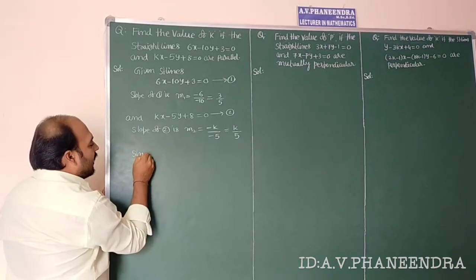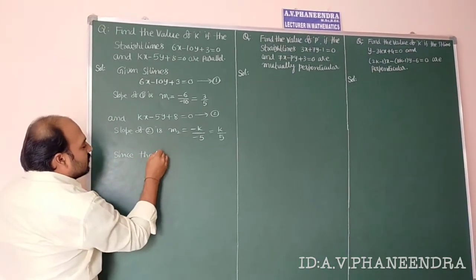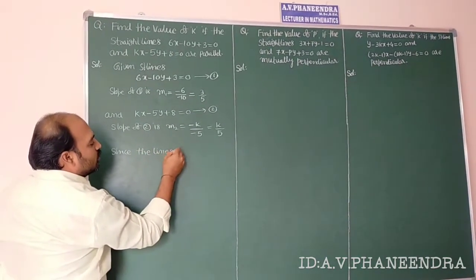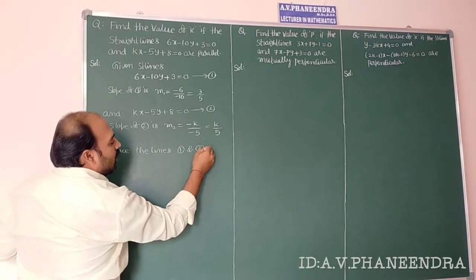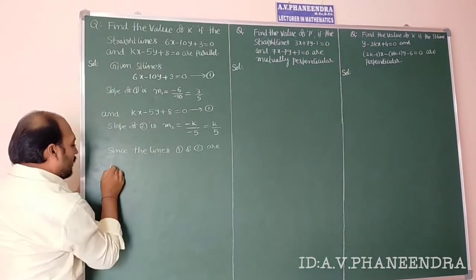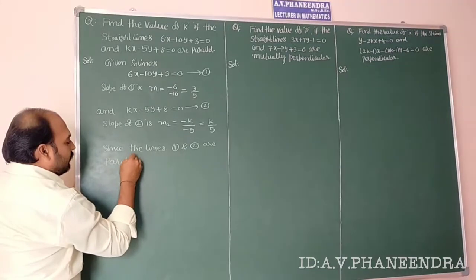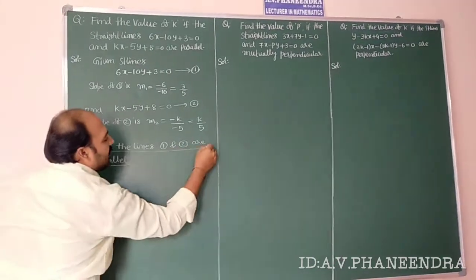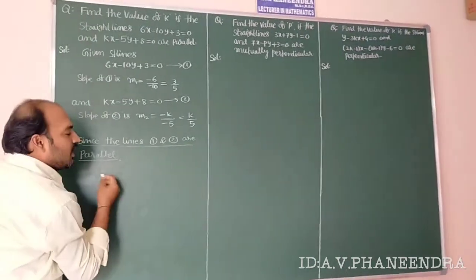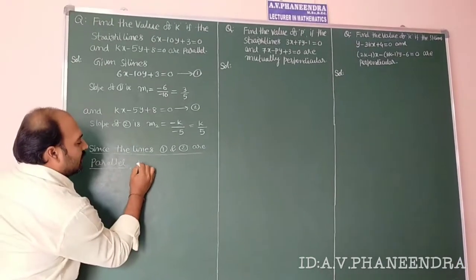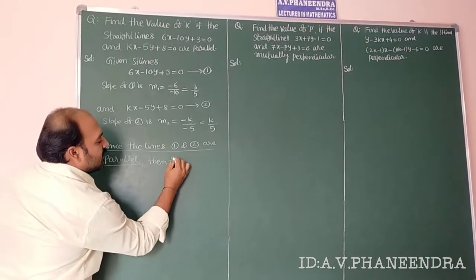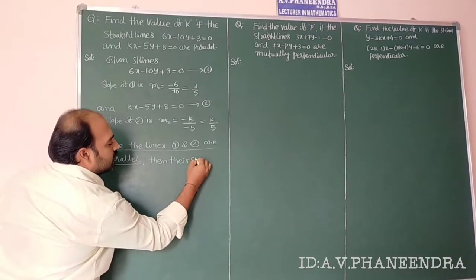Since the lines 1 and 2 are parallel, whenever the lines are parallel, their slopes are equal.